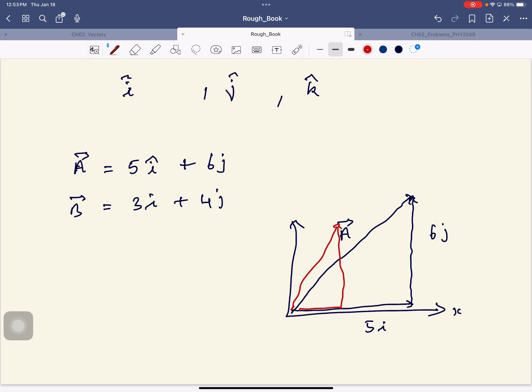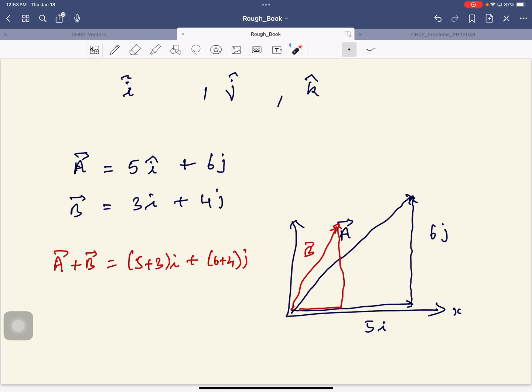There is B. And now A plus B is as simple as this: it's just 5 plus 3 i, plus 6 plus 4 j. It's that simple.